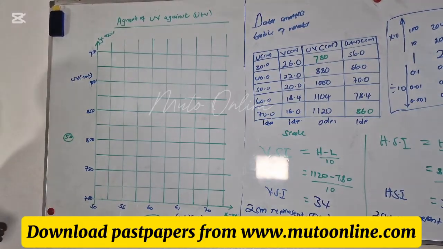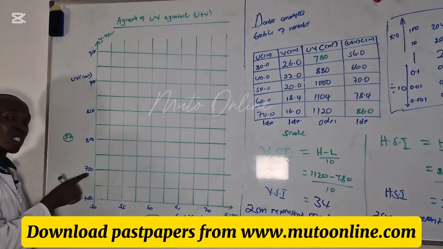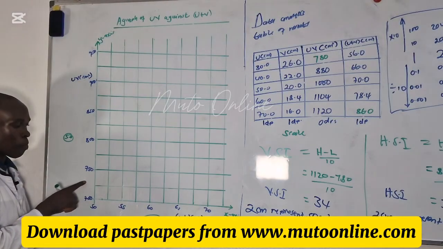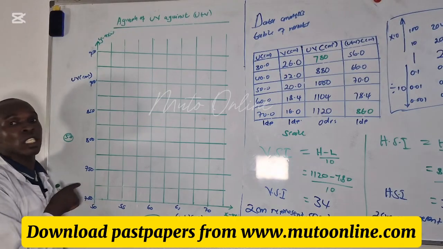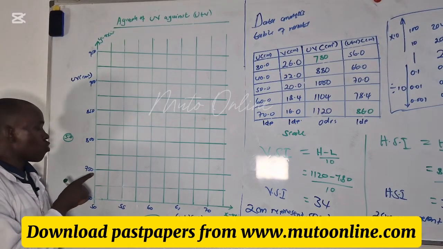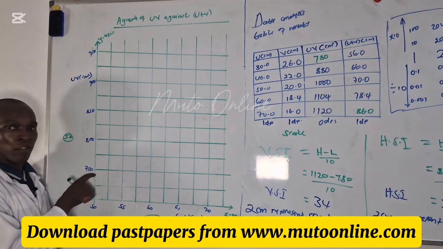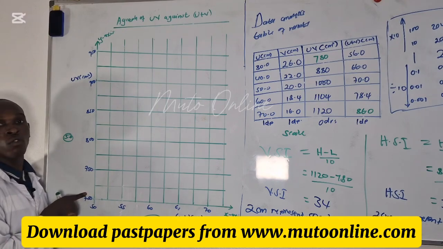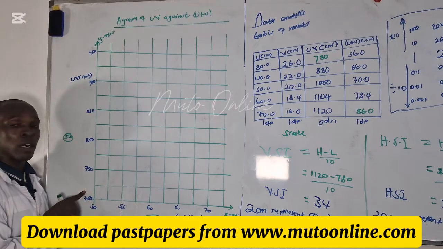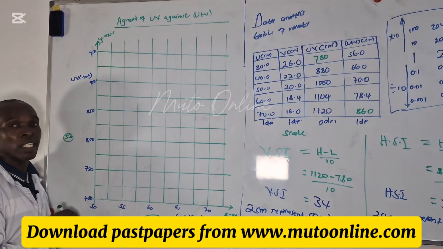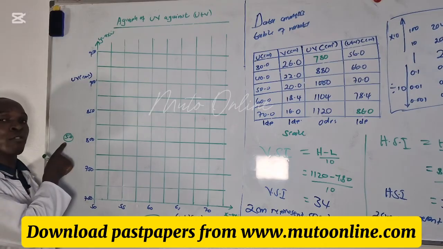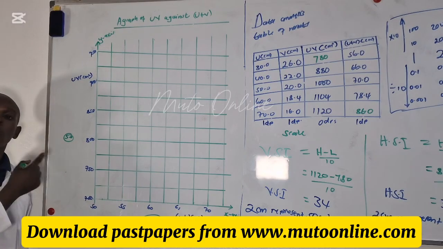When we begin with the vertical, after 2 centimeters we have 50, but there are 10 smaller divisions in 2 centimeters. So what you do, just get 50 and divide by the 10 small divisions to see how much is in one small division. So 50 divided by 10, we shall have 5. That's why you see in here 5.0 or just 5.